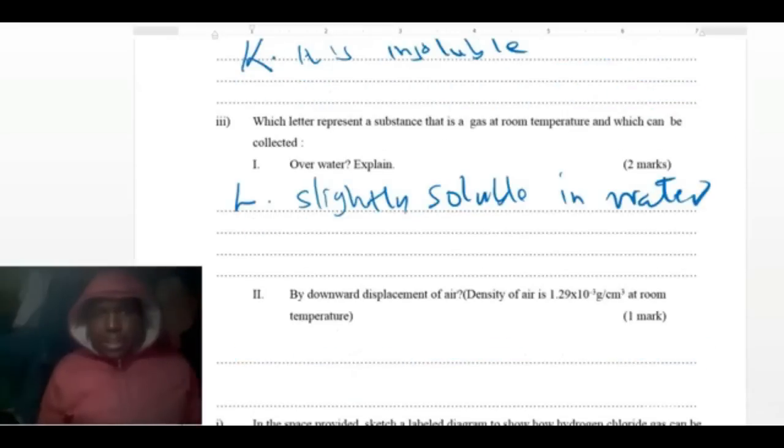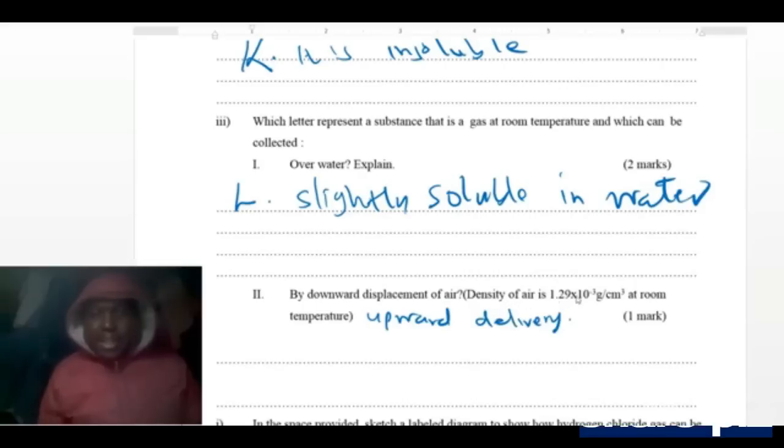Which substance can be collected by downward displacement of air? Remember, downward displacement of air is upward delivery. For a gas to be collected by that, that gas must be lighter than air.